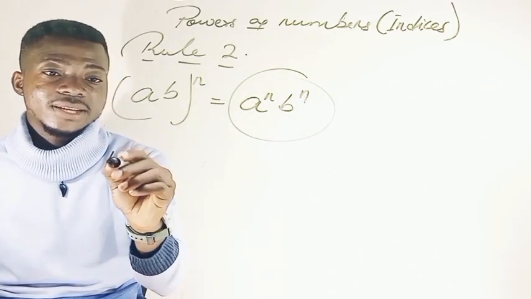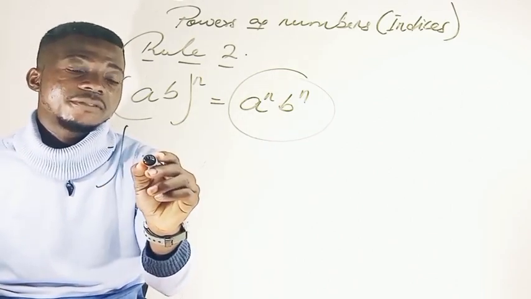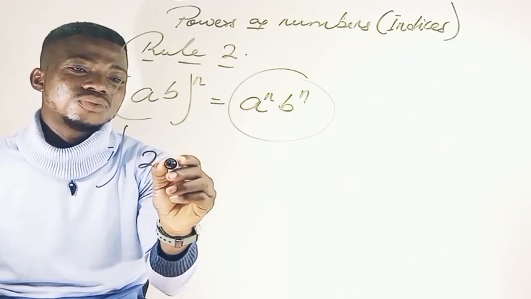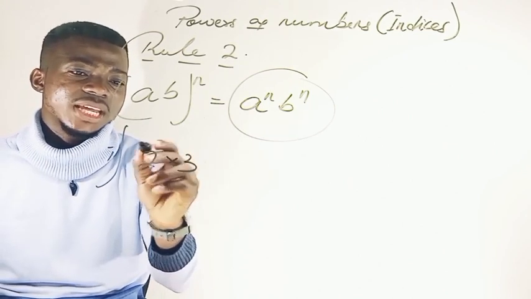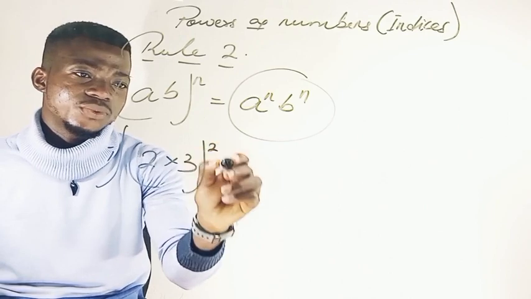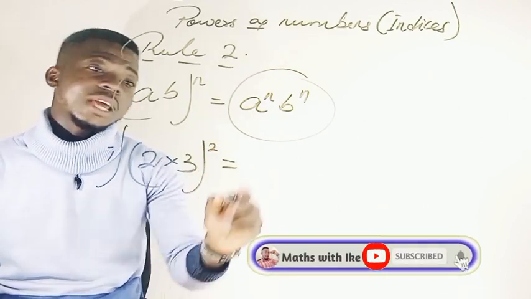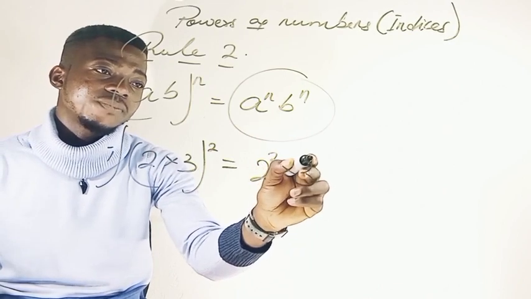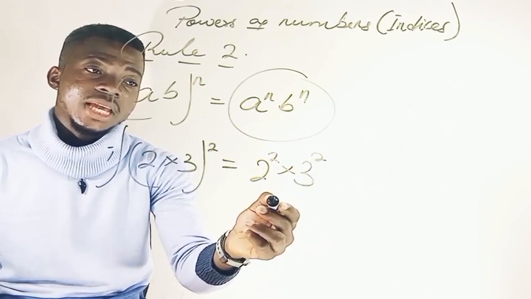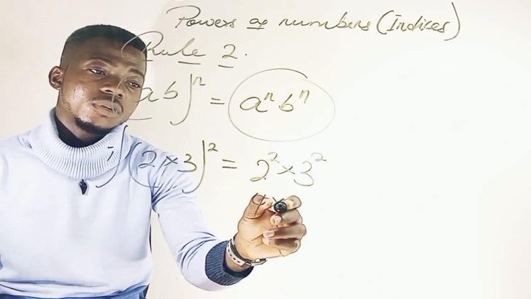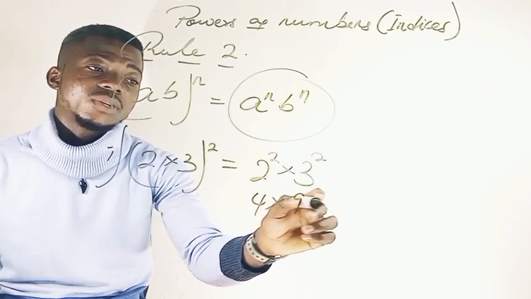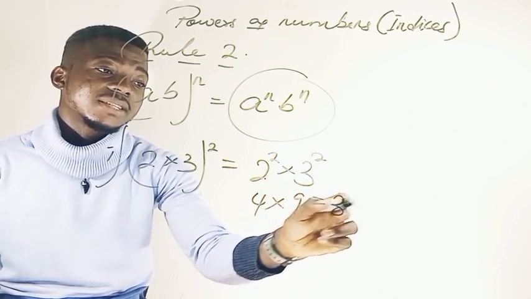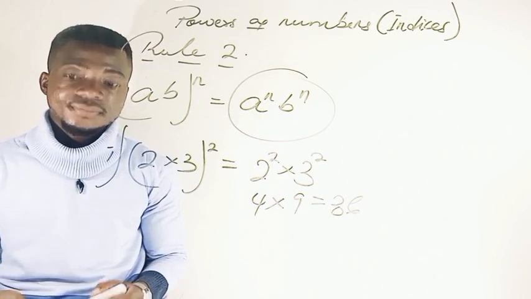So example, if you have 2 times 3, all exponent 2. This is the same as 2 exponent 2 times 3 exponent 2. Okay, so we have 4 times 9, which is 36. All right, that's it.